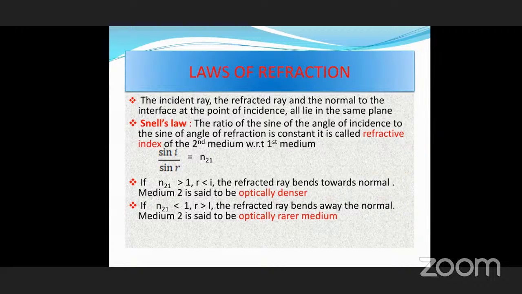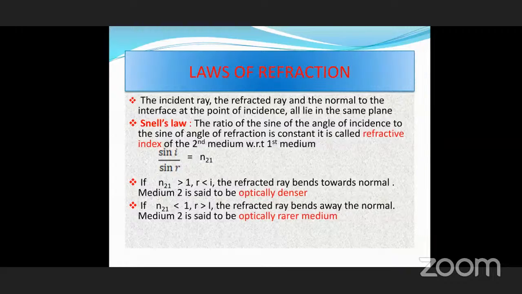And here, optically denser means according to the velocity of light, it is denser. Understand? So here, the mass density is different from an optically denser object. For example, to understand this, consider turpentine and water.